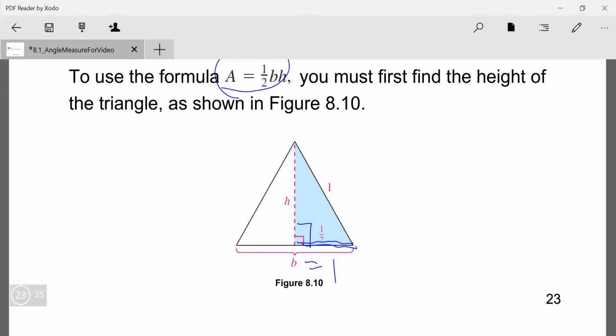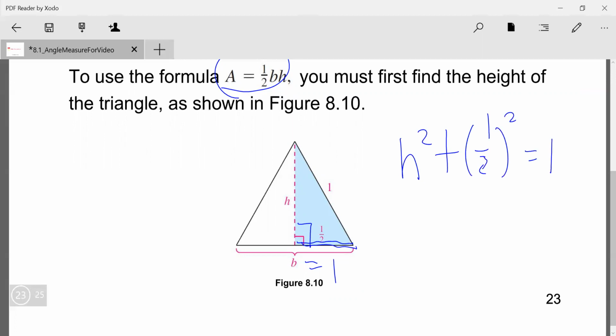By using the Pythagorean theorem, h squared plus 1/2 squared, the sum of the squares of the two legs, is equal to the square of the hypotenuse. So let's solve for h. h squared plus 1/4 equals 1.